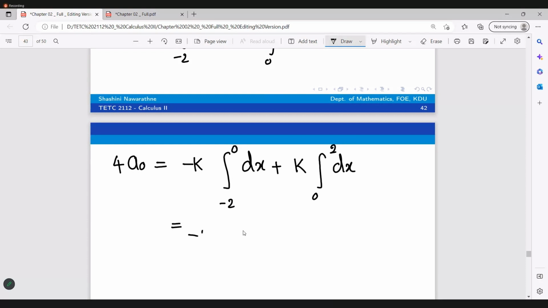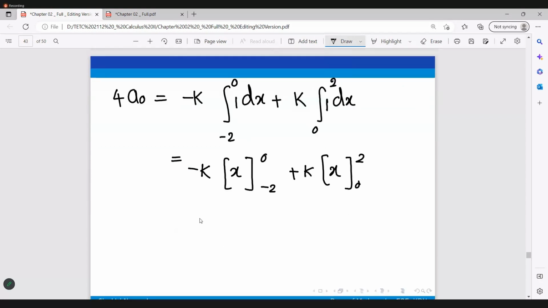So minus k times x from minus 2 to 0 plus k times, if we integrate 1 with respect to x, it provides x, from 0 to 2. So then minus k times (0 minus minus 2) plus k times (2 minus 0).